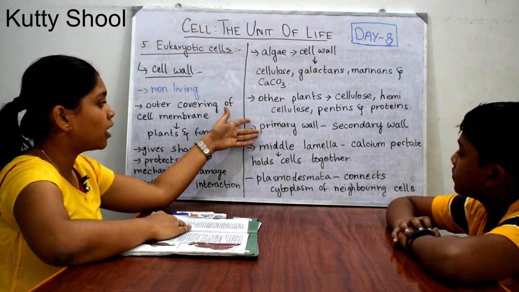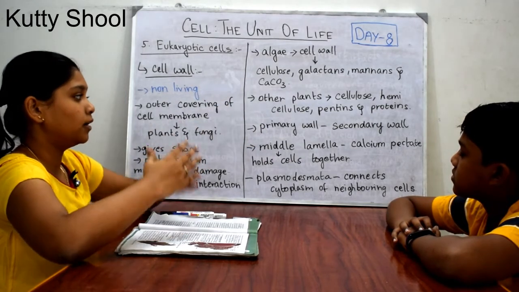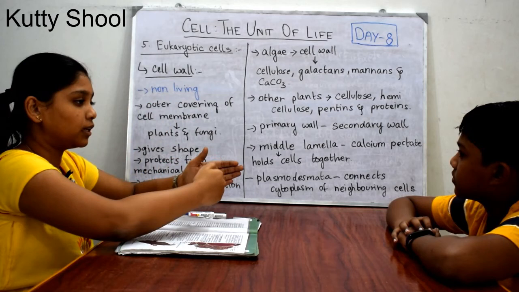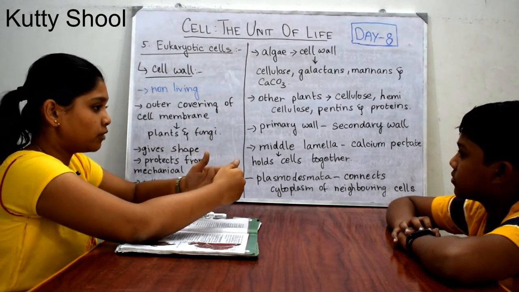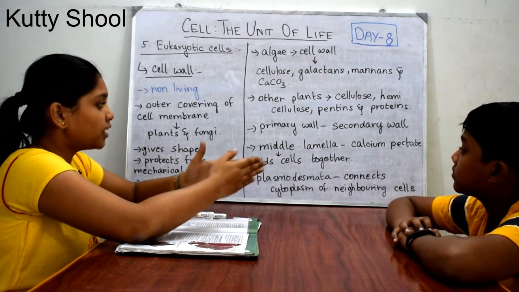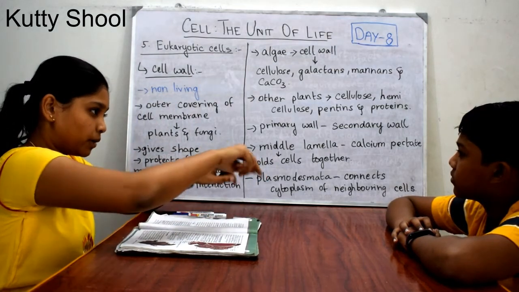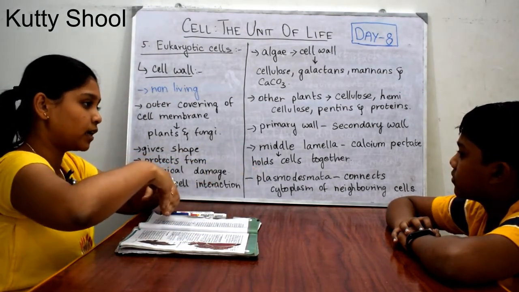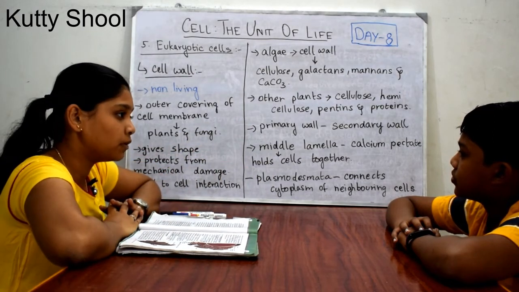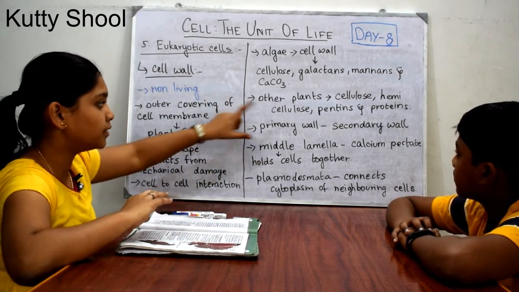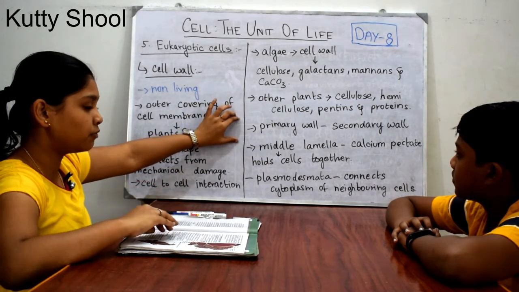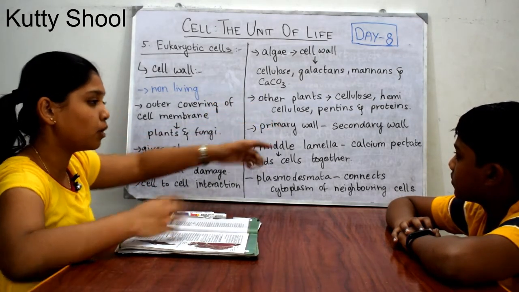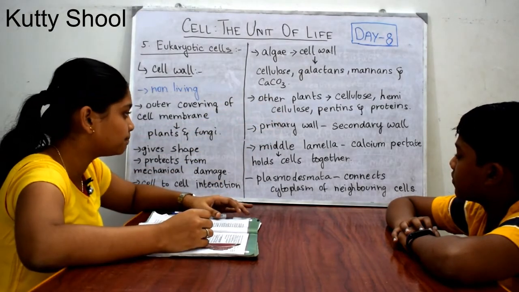After it matures, it starts to develop a secondary wall inside the primary wall, which faces inside the cell. This is known as the secondary wall, and it is not capable of division. So the primary wall is capable of division and the secondary wall cannot divide. Okay.